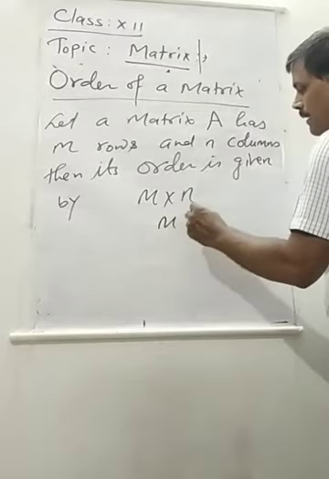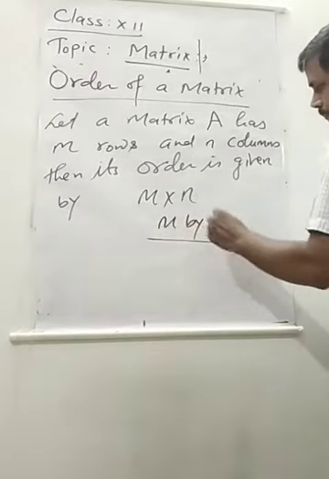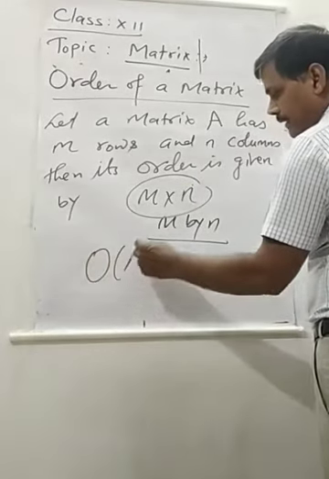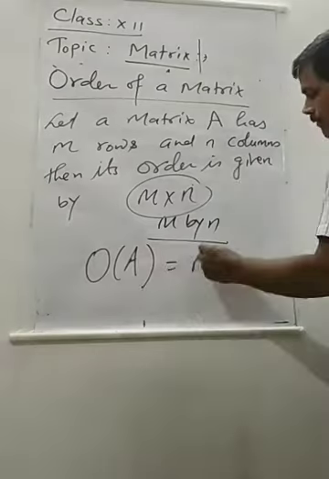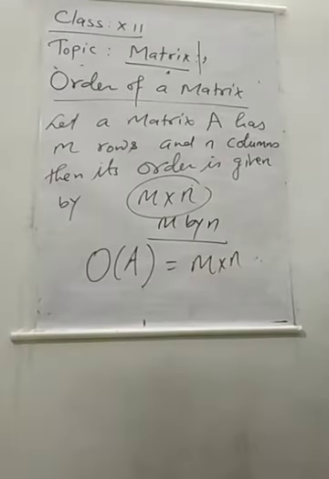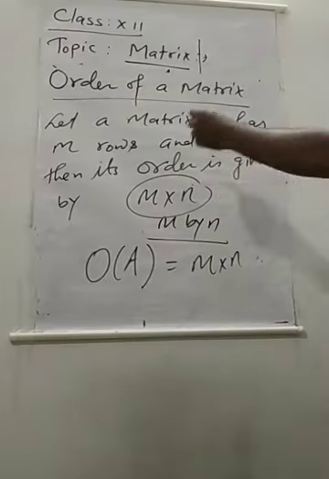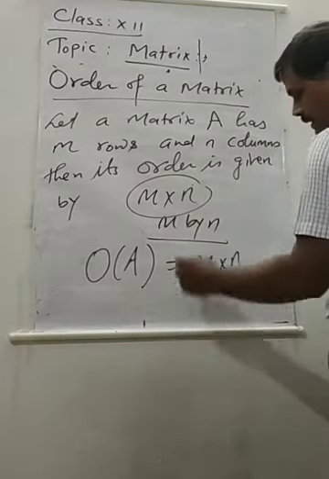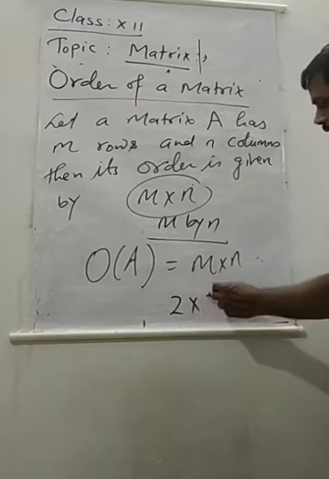What will we read? M by n. The order of the matrix is m by n. Symbolically, you can write order of A is m by n. So, in the example we had just before, what was the order, children? There were 2 rows, remember? There were 2 rows and 3 columns.